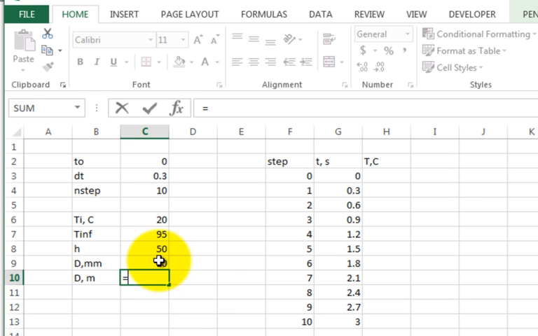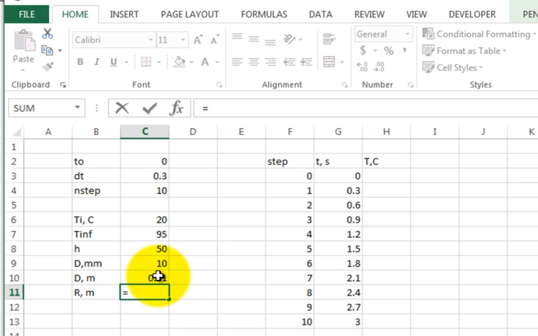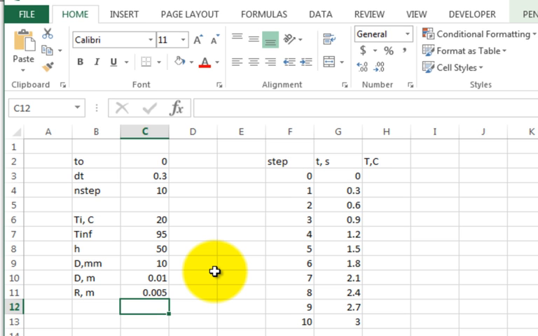So I take that and multiply by 1,000 or divide? Very good. I didn't trip you up here. So there it is. And I'm going to just get the radius in meters, which is the diameter divided by 2. Excel, or computers, if you do a lot of checking, helps you avoid trivial errors.